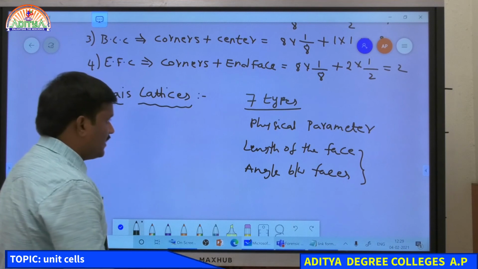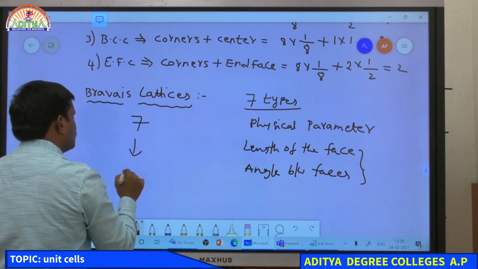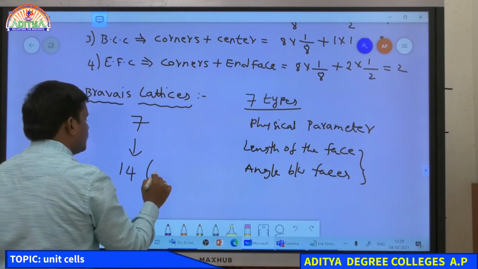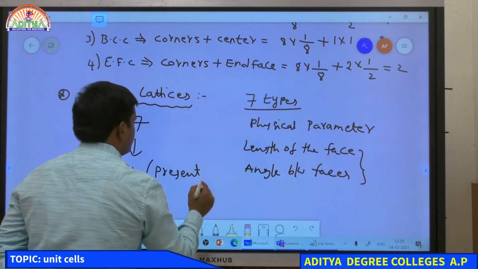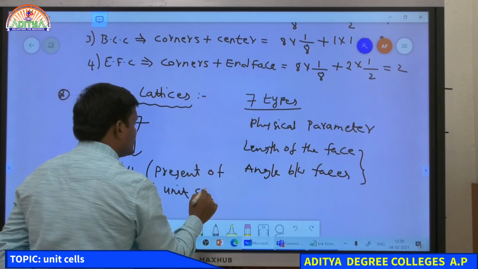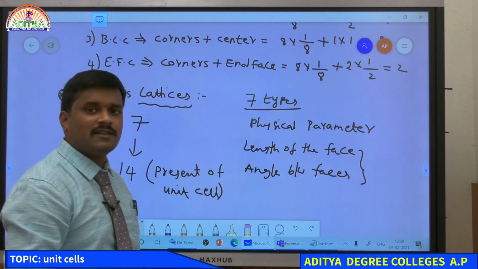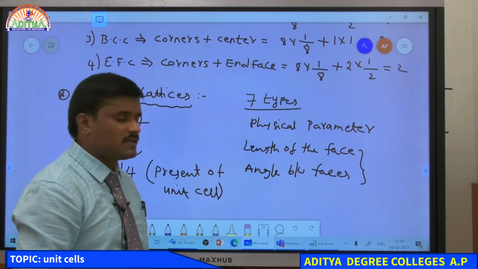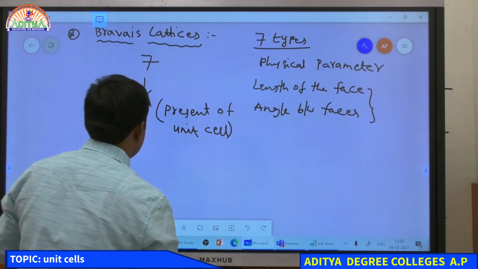Now, these 7 types of crystals are further converted into 14 types based on the presence of unit cells. So, which type of unit cell is present in the crystal? These 7 types of crystals are further classified into 14 types. These 14 types of crystals are known as Bravais lattices.